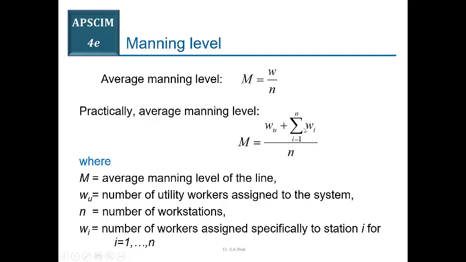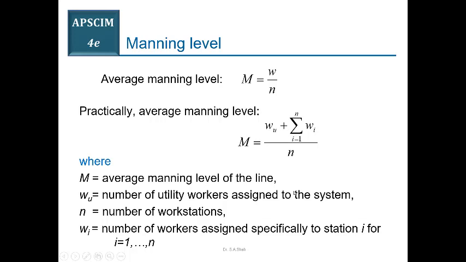So 5 plus 10, 15 divided by 10. आपके पास चूँकि नंबर ऑफ वर्क स्टेशन जो है वो 10 है तो divided by 10, so it will give you 1.5. So फिर आपने ये फार्मूलेशन अप्लाई करनी होगी. So Manning level in case of utility workers will be the workers that will be assigned to the workstations plus the utility workers also, okay?